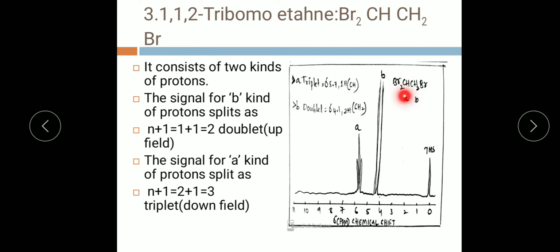The signal for this comes according to the n plus 1 rule. How many adjacent protons are there? 2. 2 plus 1, triplet. So here you can see A protons as the triplet at downfield, and for B protons, how many adjacent protons are there? 1. 1 plus 1, so you will get a doublet at upfield.